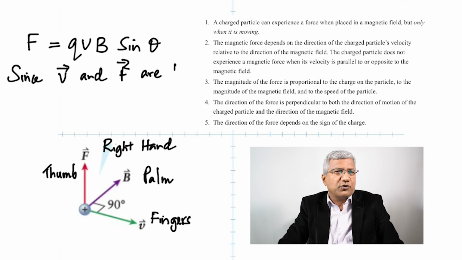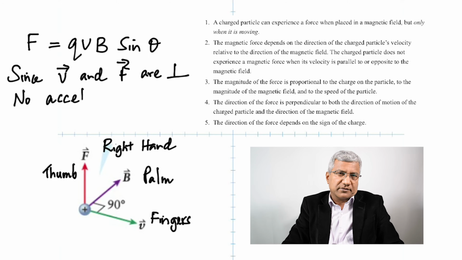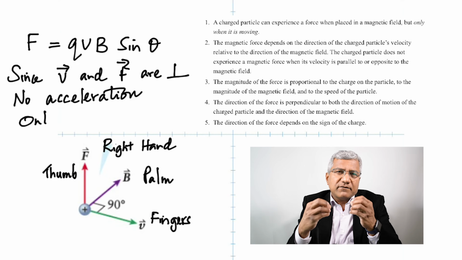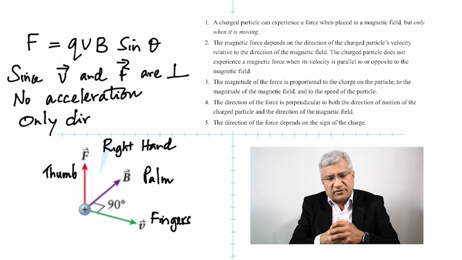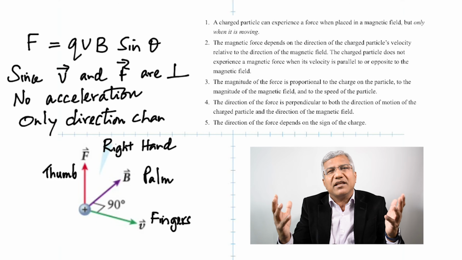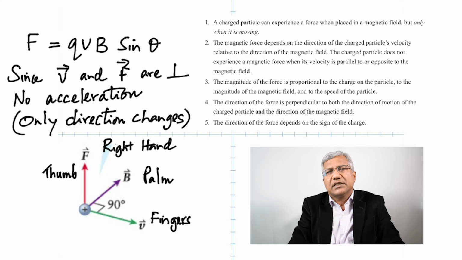I wanted to give you one more point about this, which is very important. Now, what happens to the velocity of this particle? When a force acts on it, we may think that it's either speeded up or slowed down. But remember that the speed of the particle does not change. Only the direction changes. What do I mean?